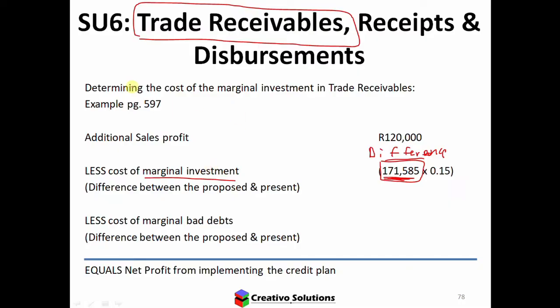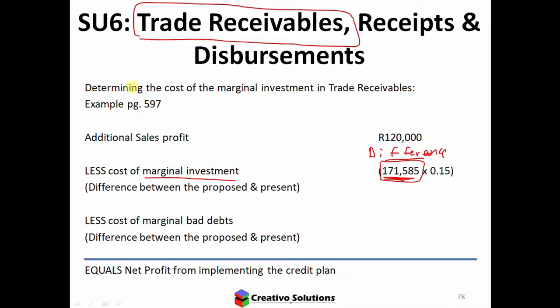Are we making it easier or more difficult to take out credit? Easier. Exactly. If I make it easier to take out credit, the expectation here is that people are going to pay us later. So under the proposed plan, you can see the duration now has lengthened. Your ACP has gone from 30 days to 45. So now, under the proposed plan, your turnover of trade receivables has decreased. It's now 8.1. Right, 8.1 is under the proposed.